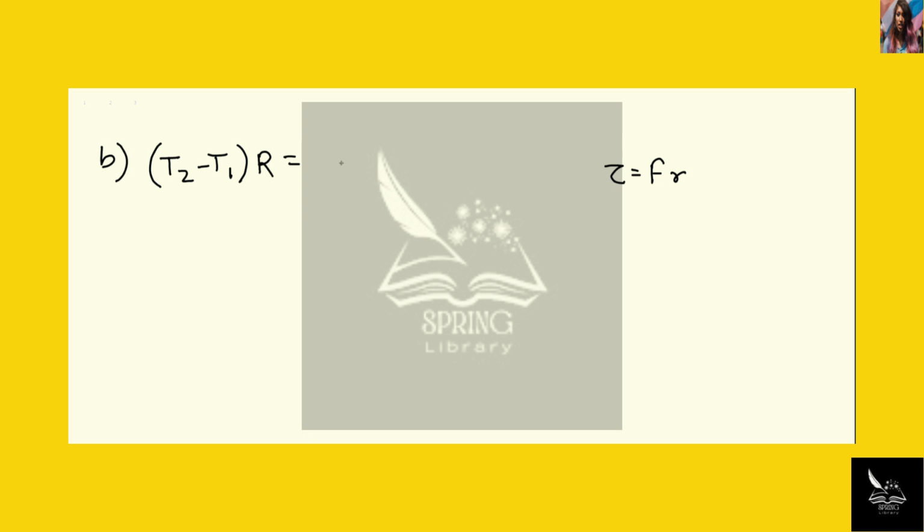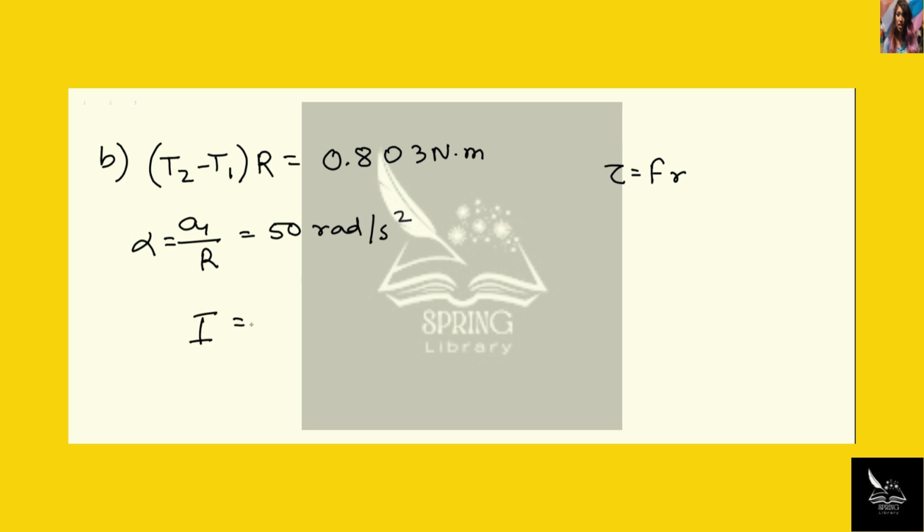And using the numbers, we'll see that this quantity is 0.803 newton meters. So also the angular acceleration will be A1 over R, which is 50 radians per second squared.